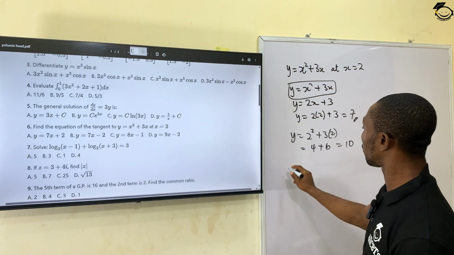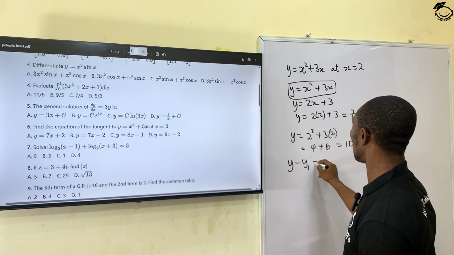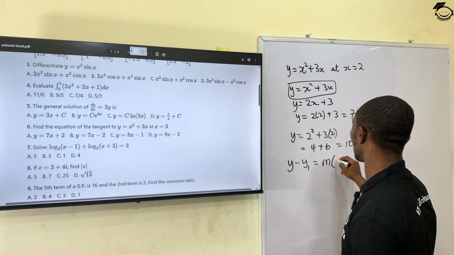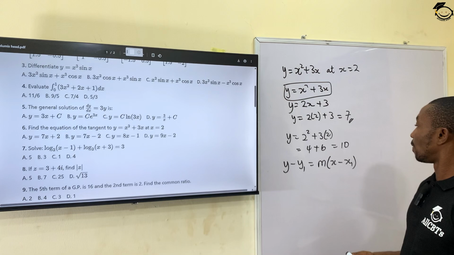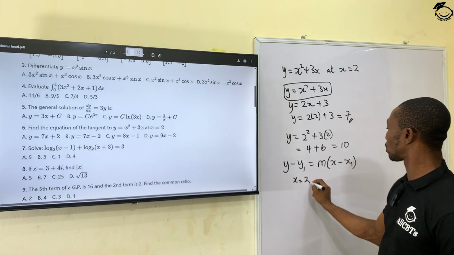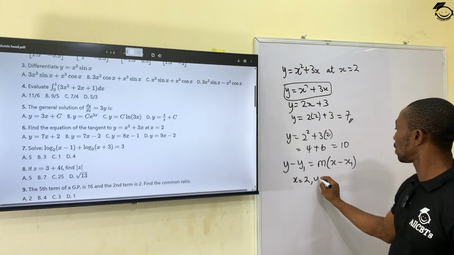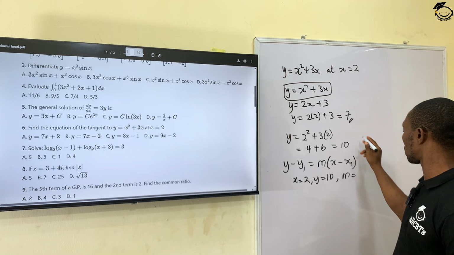Now using our formula that says y minus y1 equals m brackets x minus x1. Having our x given as 2, our y is 10, and our slope m is 7.